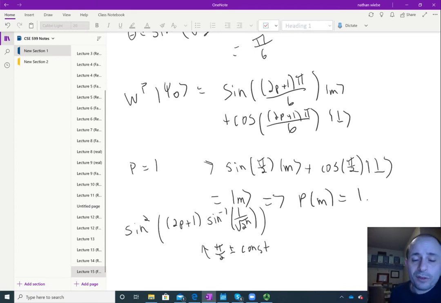If it's pi by 2 plus or minus some constant, then our probability of success is going to be about 1. It might be as low as 1/3. It might be as high as 1.